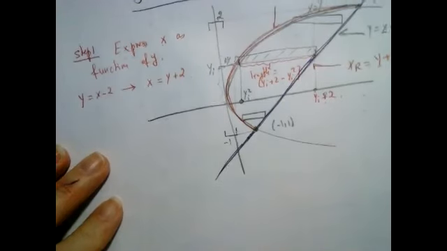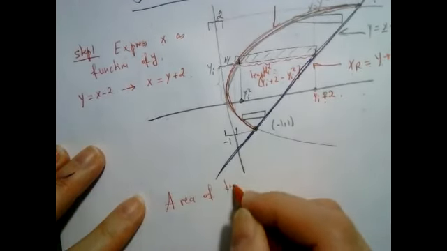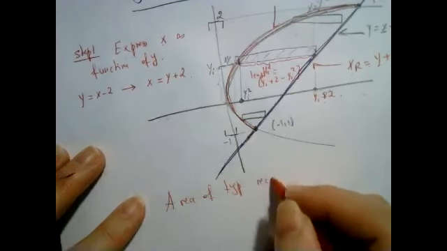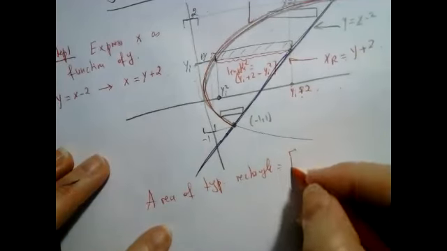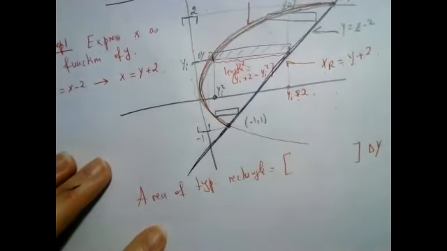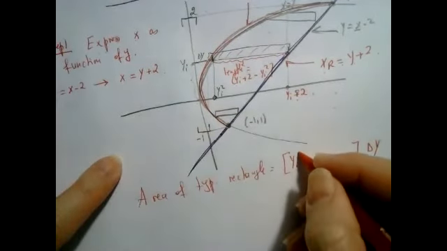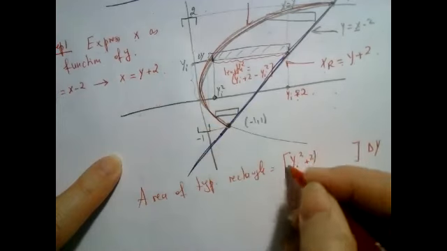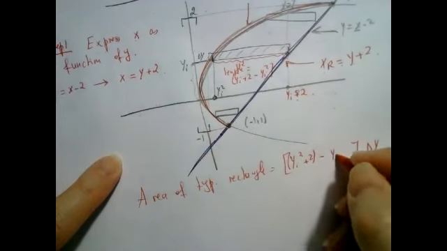So the area of the typical rectangle is equal to the width, delta y, times the length, which is x of the right curve minus the left curve.